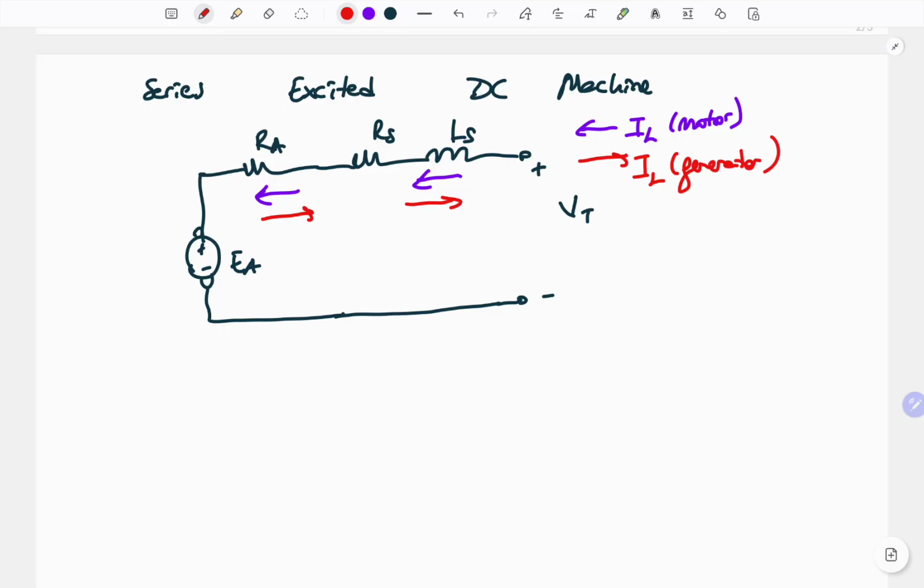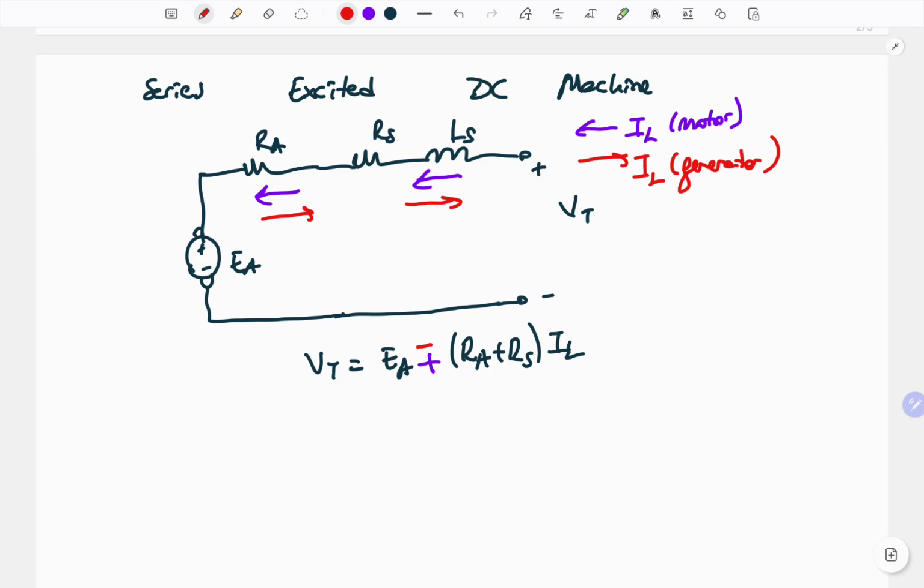And if we want to write the voltage equation, it can be written as Vt must be equal to EA and all the current times voltage drop values. And the sign between them for the motor operation will be plus. For the generator, it must be minus because the main supply will be EA during the generator operation.